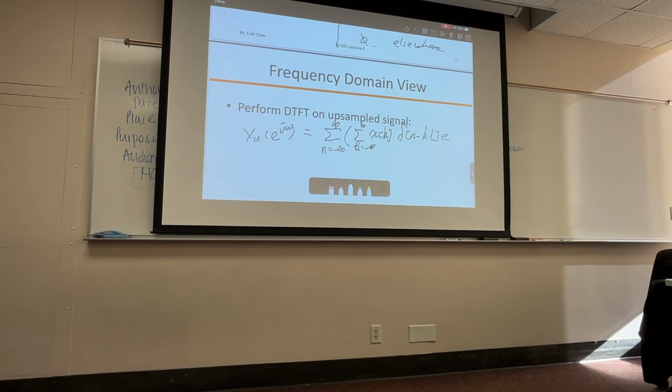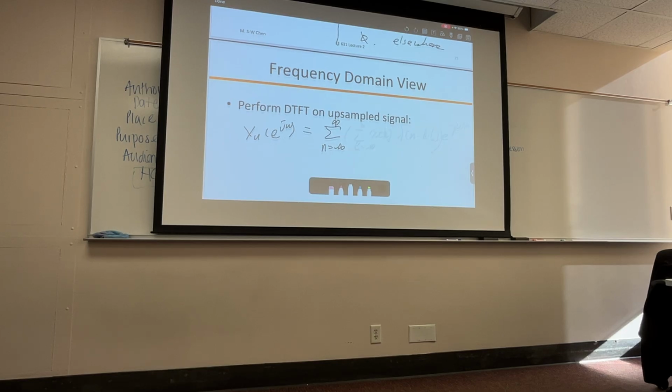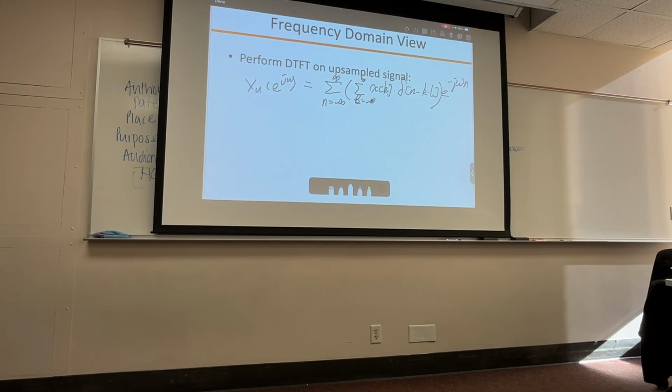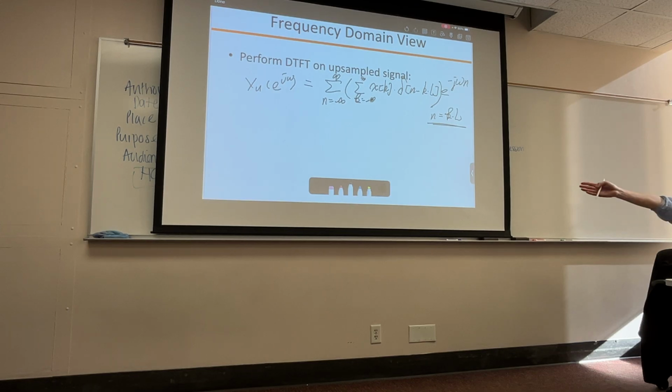So this is the upsample, and you multiply by exponential to the power of minus j omega n. Because that's a delta function, n has a value only when you are at an integer multiple of L, kL. So all the rest of it are all zero, and we can take them out.